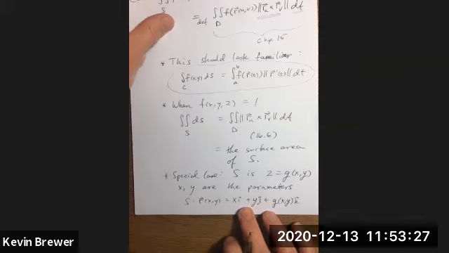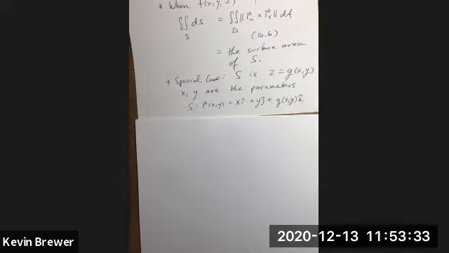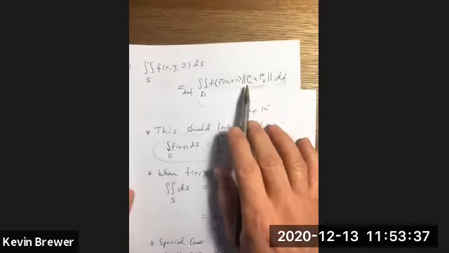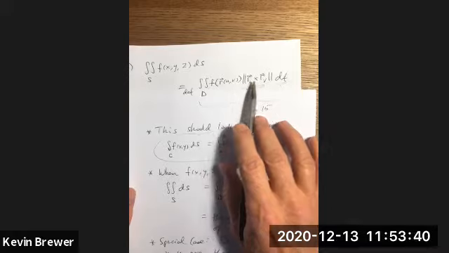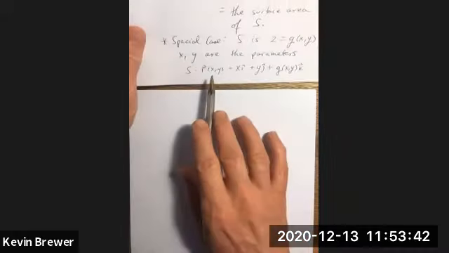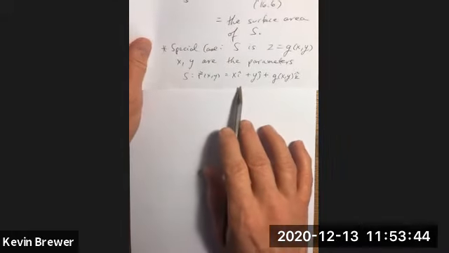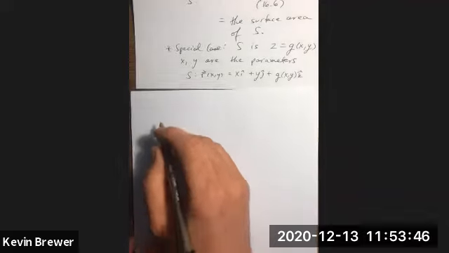And this is the sort of thing that we ran into in the previous section. Since we've already computed the magnitude of r sub u cross r sub v for this special case, I'm just going to throw out what that is.